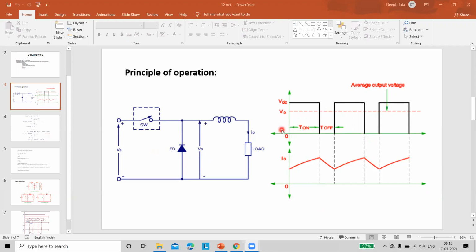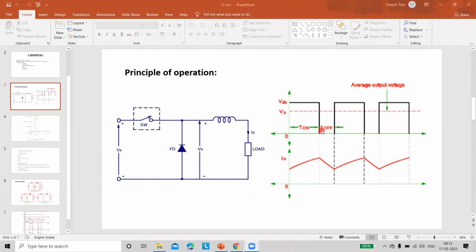The first waveform is the output voltage, and the second waveform is the output current. Here, no doubt, the x-axis is time for any waveform of a chopper. In the x-axis, you have to provide the time periods. For a particular time, it is turn on, and for a particular time, it is turn off.